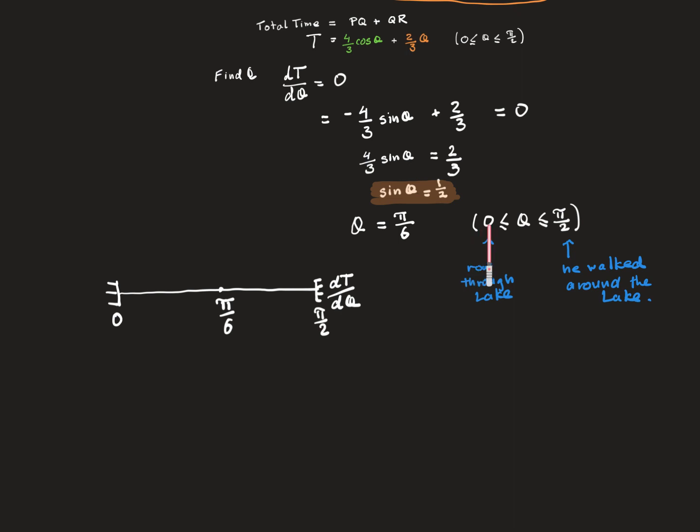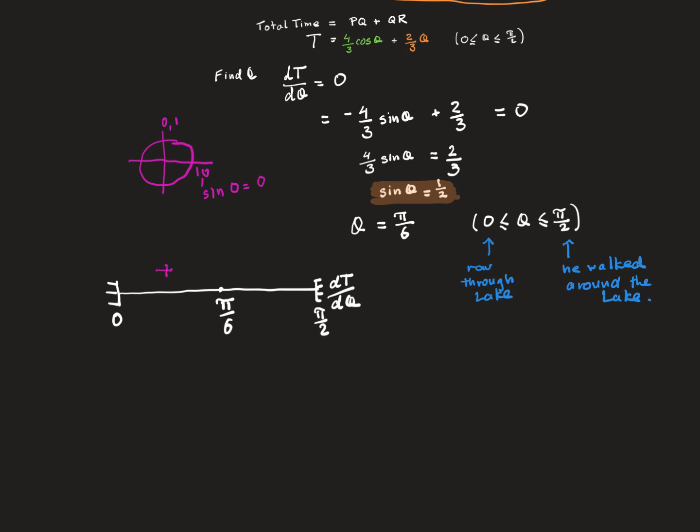So let's use the value 0 and insert it into our dT over d theta: minus 4 on 3 sine 0 plus 2/3. Sine 0 is 0, so this becomes 2/3, which is a positive number, so I will put positive here.